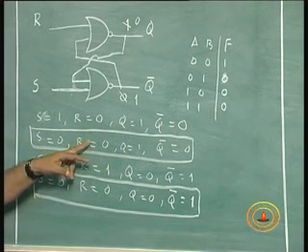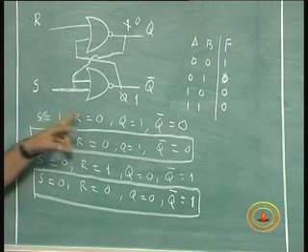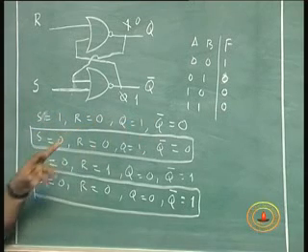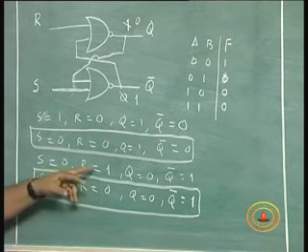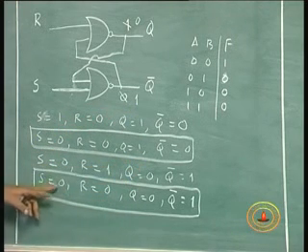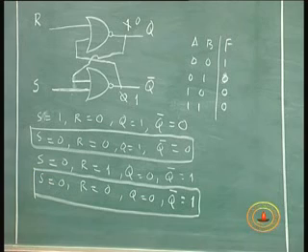Because the previous input was 1, 0, which results in output of 1, 0. In this case, the previous output was 0, 1, resulting in output of 0, 1. So this condition of when s is equal to 0, r is equal to 0 corresponds to the condition where the output will remain unchanged from what it was earlier. This is the memory.